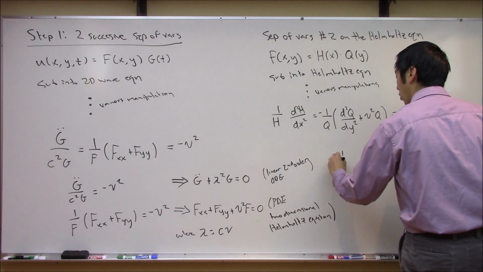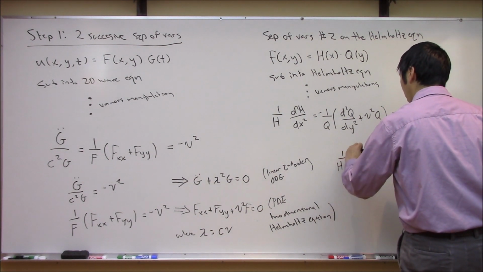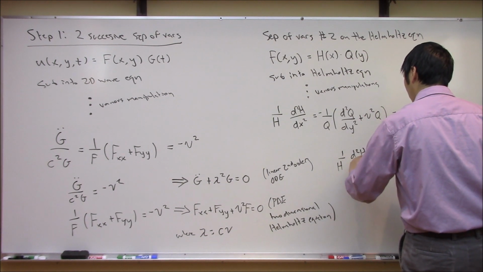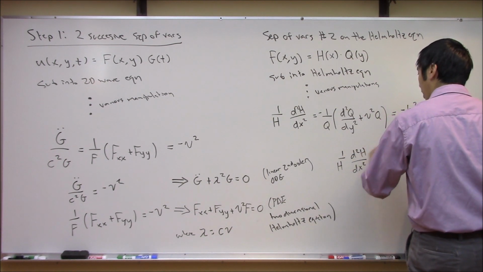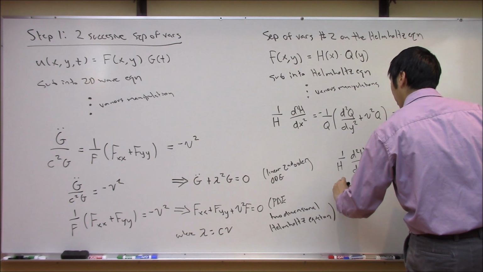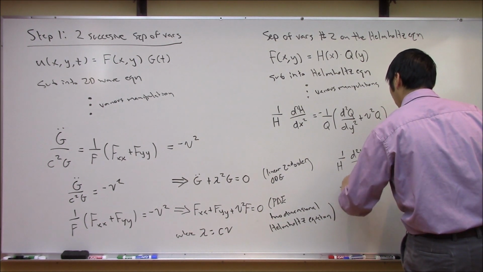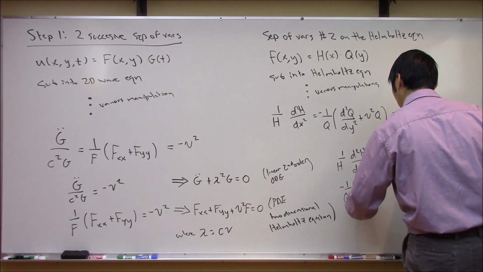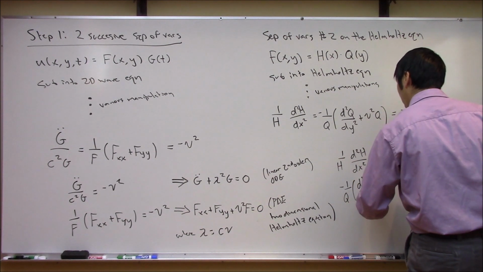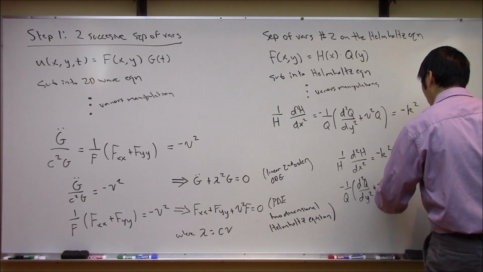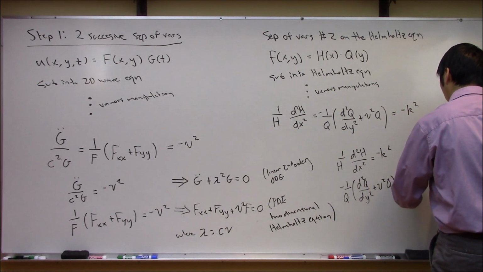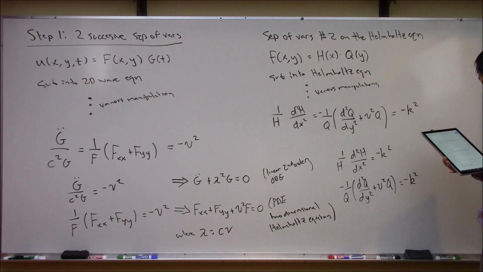So we have 1 over h times d squared h dx squared is equal to minus k squared. And then we set the right-hand side, negative 1 over q times d squared q dy squared plus nu squared q has got to equal negative k squared, right?